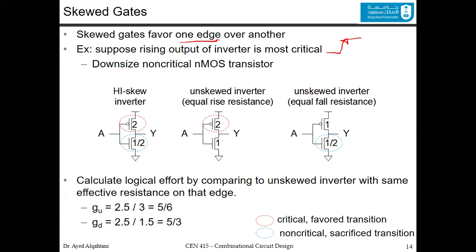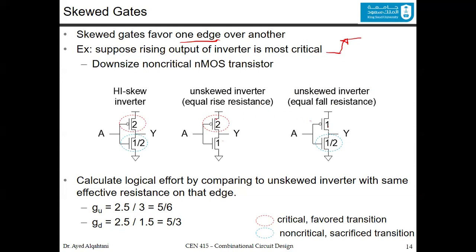So this now is an unskewed inverter. Both of them are unskewed, but here we care about the critical input for us, which is the pull-up network. So you do this, and this is for equal rise resistance, and this is for equal fall resistance.